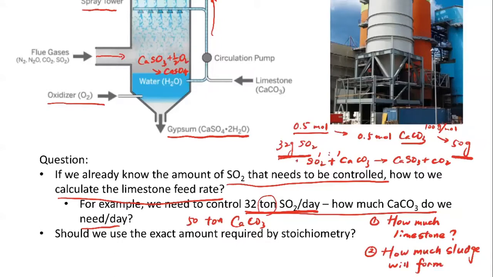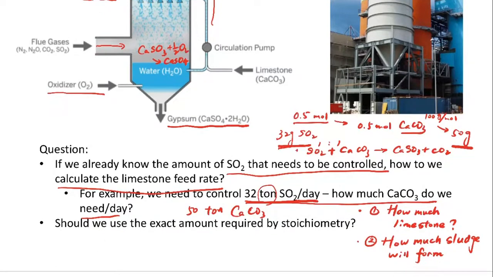Right? For the sulfur dioxide control design, we're mainly interested in two questions. One is how much limestone should we feed into the system? Either limestone, lime, or trona, all the raw material that can neutralize these acidic gases, right? And the second question is how much product we're forming, because finally we need to transfer this product to somewhere else. If we don't know the quantity or production rate of this product, then we cannot design the system, right?